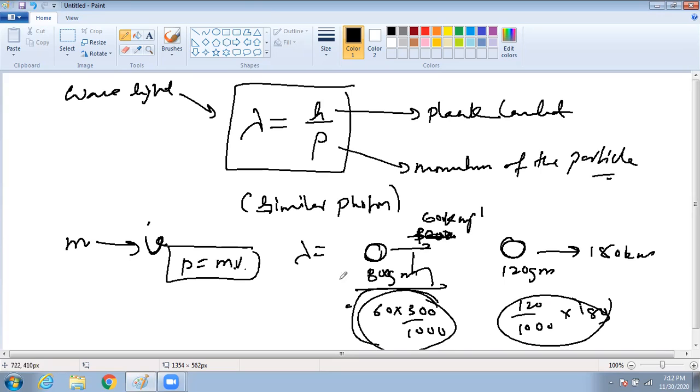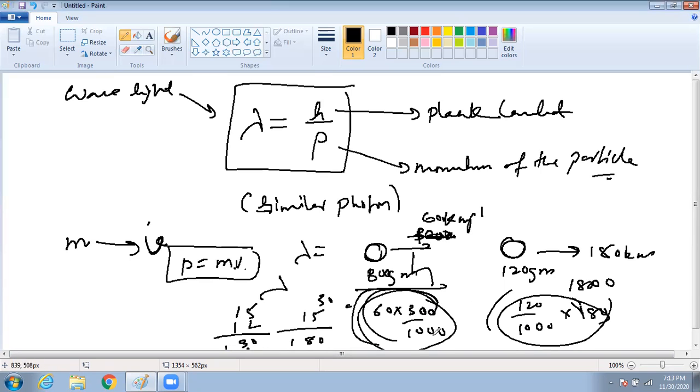Since both the momentums are different, which lambda will be more? This lambda or this lambda? Are you sure? 15 into 12, 180. 180, 18,000.